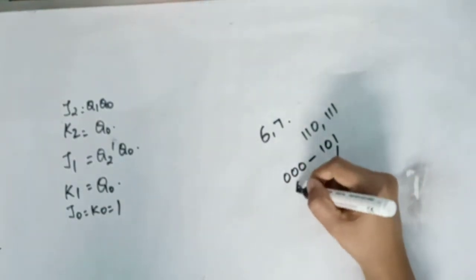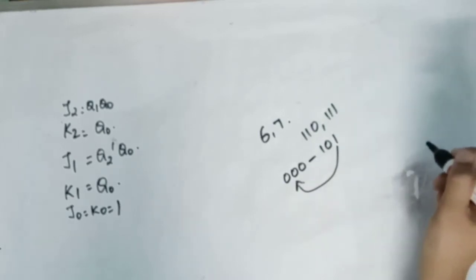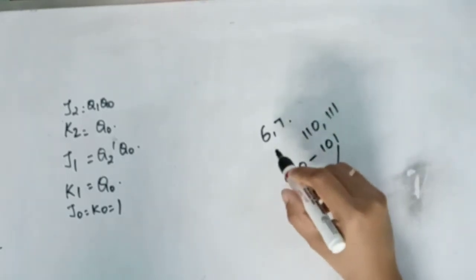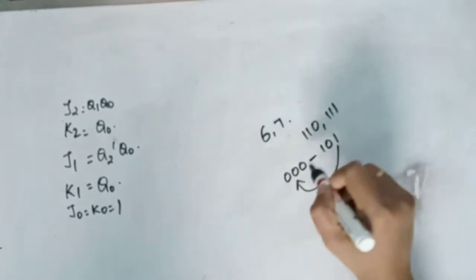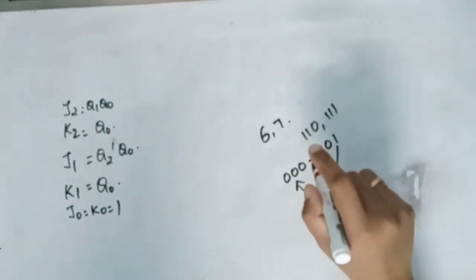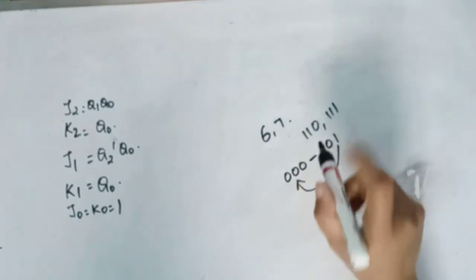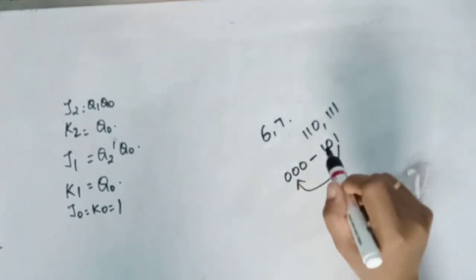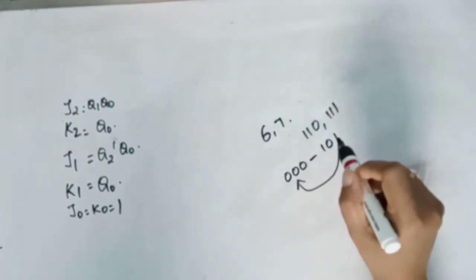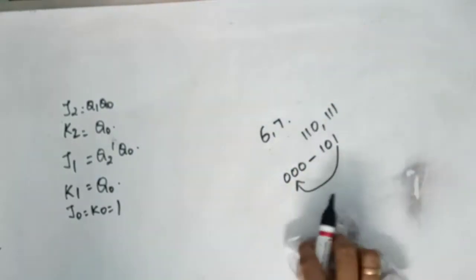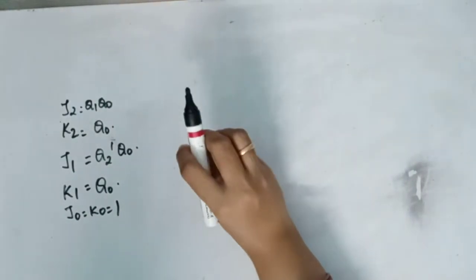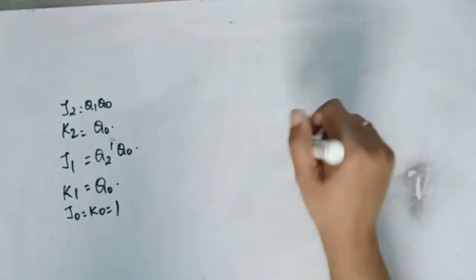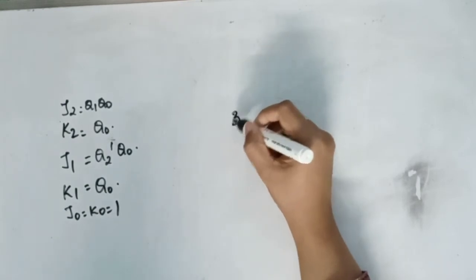After 5 it should return to 0. But in K-map what did we do? We put 6 and 7 as don't care. Don't care means what? It can be 0 or 1. Okay. So suppose in such a case, any such circuit, any synchronous circuit in which there are unused states, that is in this case we had 3 bits.